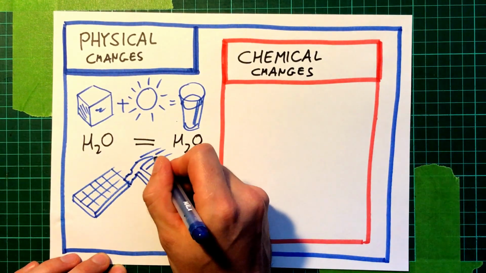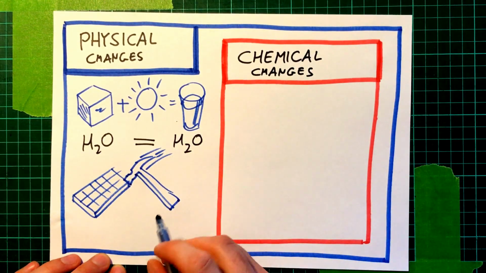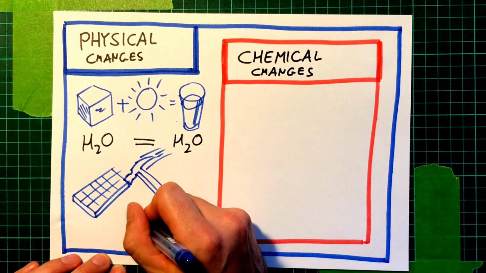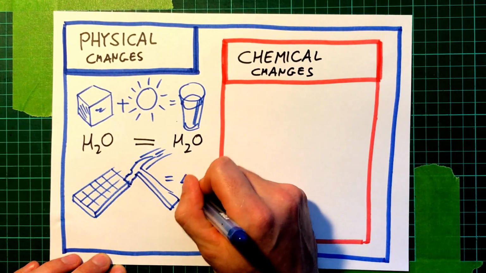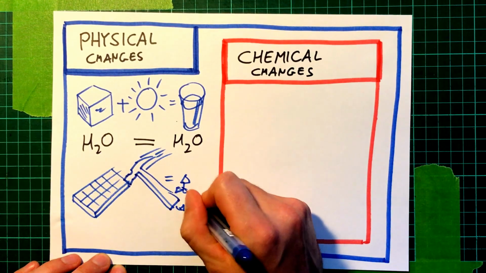This would cause a physical change in the chocolate. You would end up with a pile of broken chocolate equals smashed up chocolate all over the place.